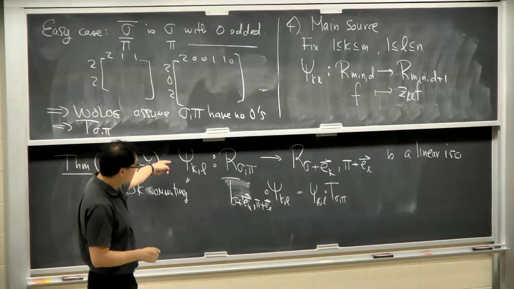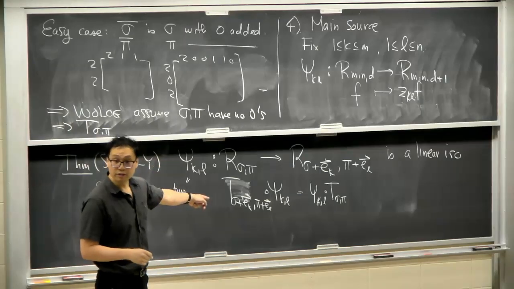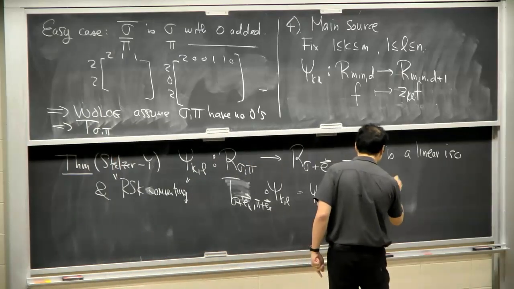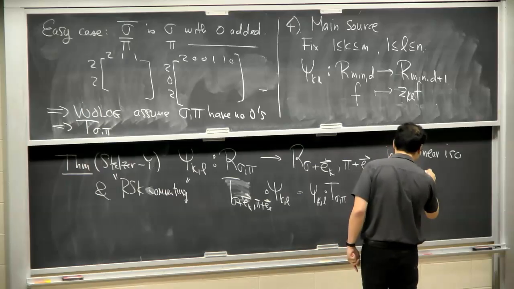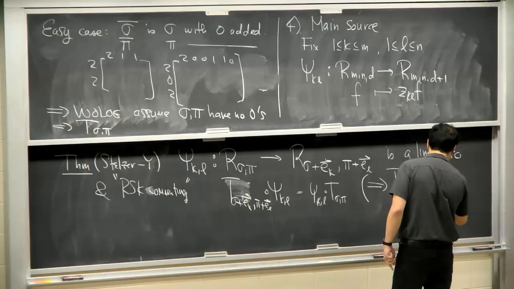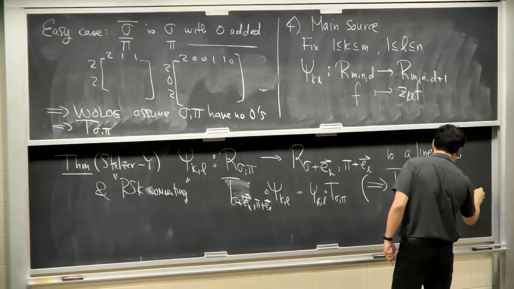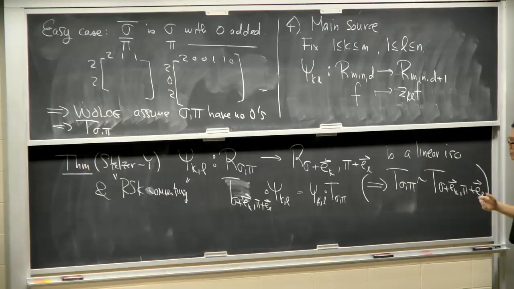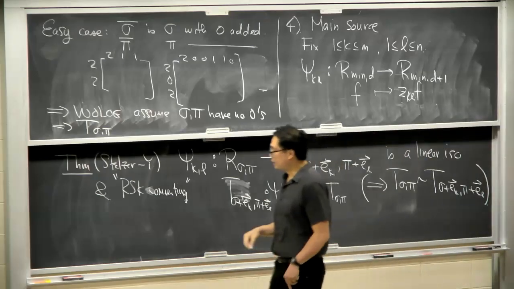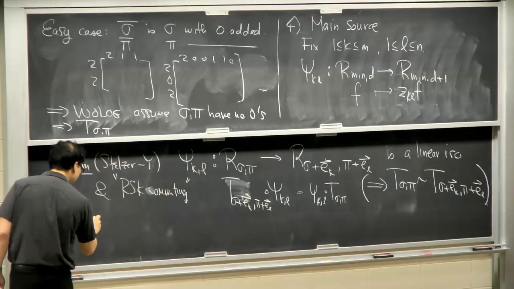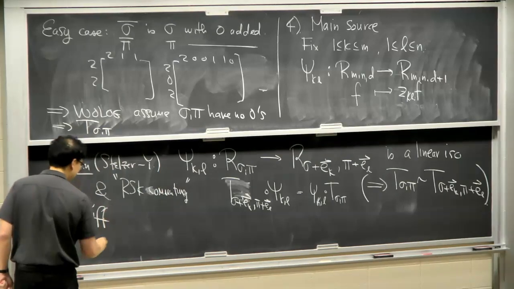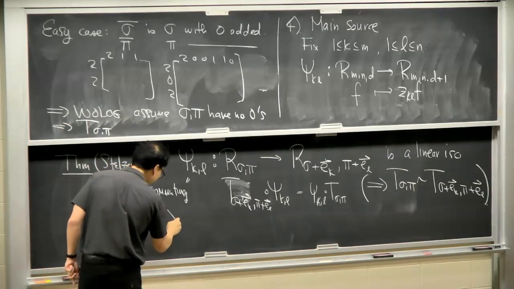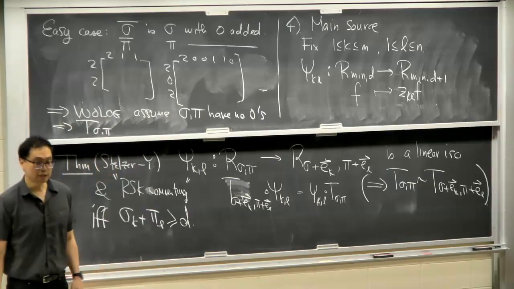So in other words, if this is indeed an isomorphism, this is a similarity of matrices. So this will be our main source, but it's not true always. It's true if and only if sigma k plus pi L is greater than or equal to D. That's the condition.